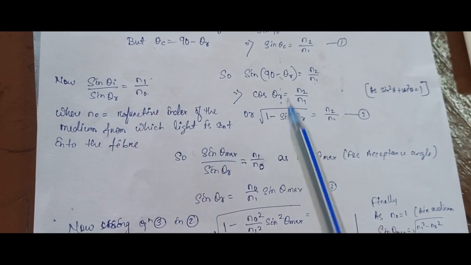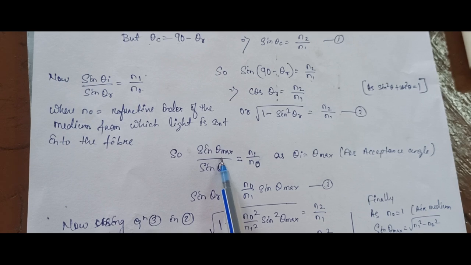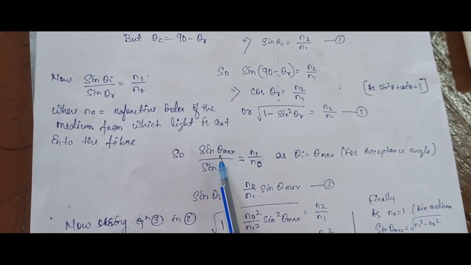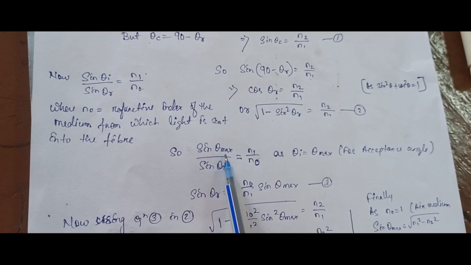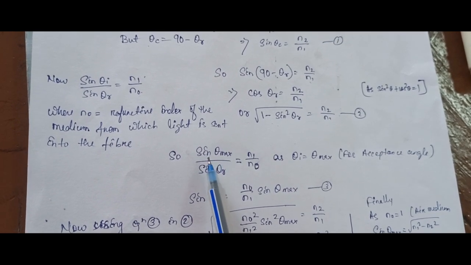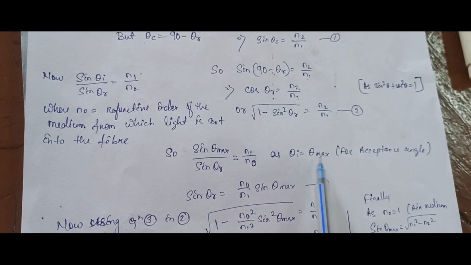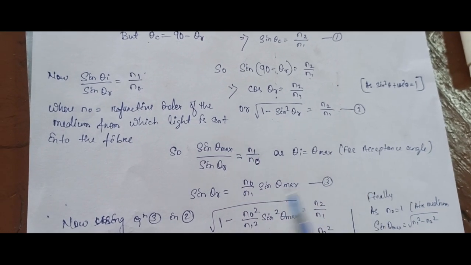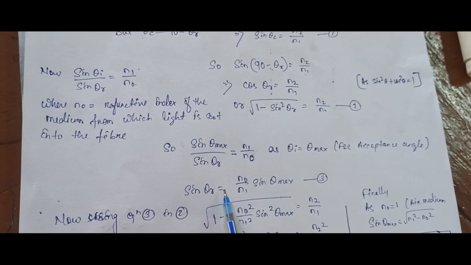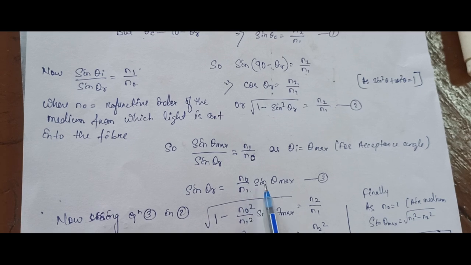To get the acceptance angle, instead of theta i we write theta max. So sin theta max by sin theta r is equal to n1 by n0. Now sin theta r will be equal to n0 by n1 times sin theta max. This is equation 3.